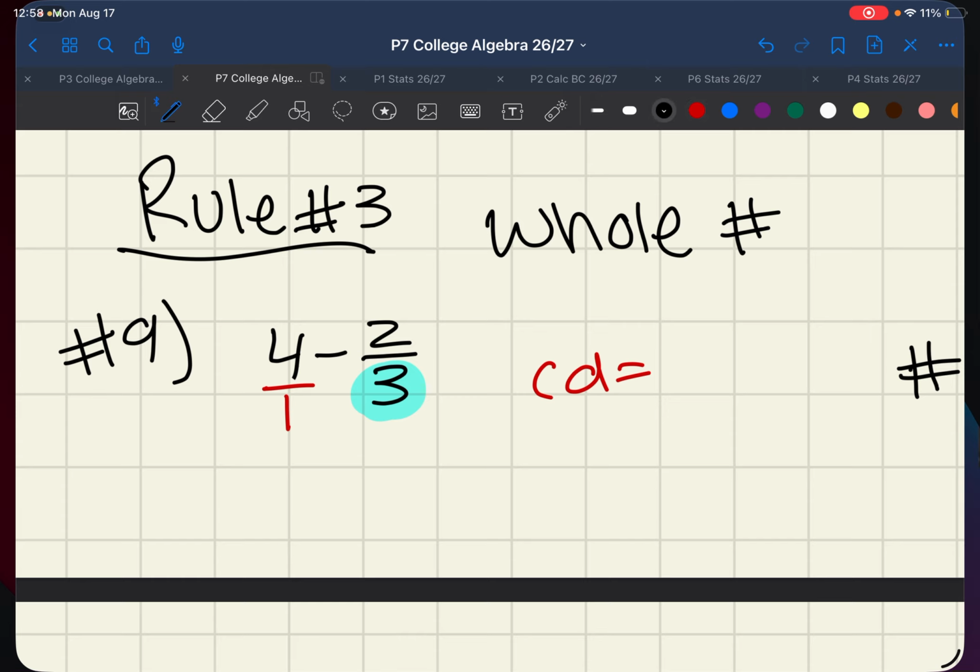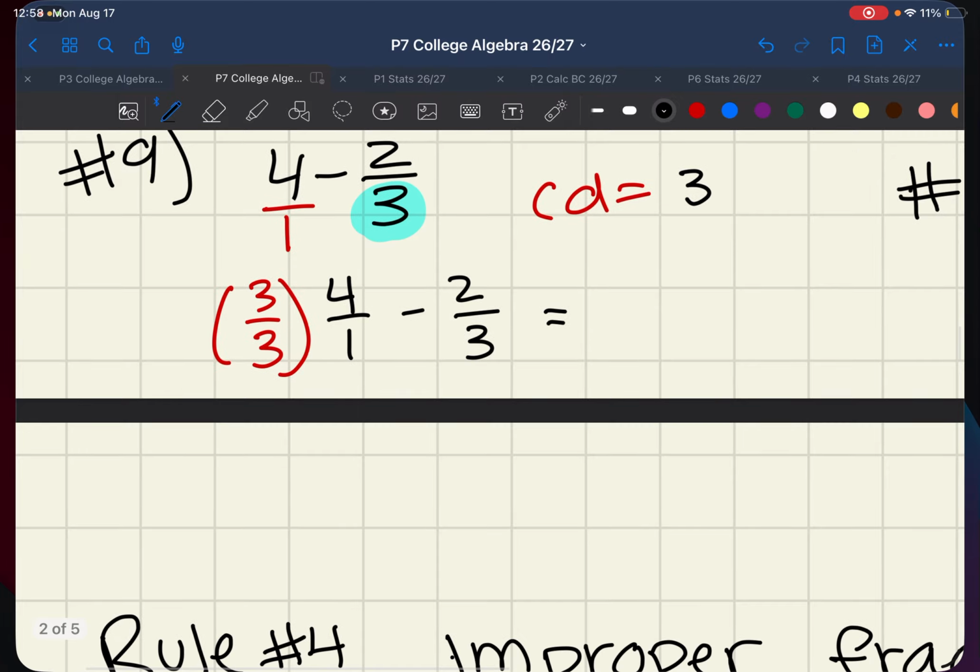So the common denominator here would be 3. So I would take 4 over 1 and multiply it by 3 over 3 because I want that common denominator. Bring the 2 over 3 down, and then I get 12 over 3 minus 2 over 3, which gives me 10 over 3.